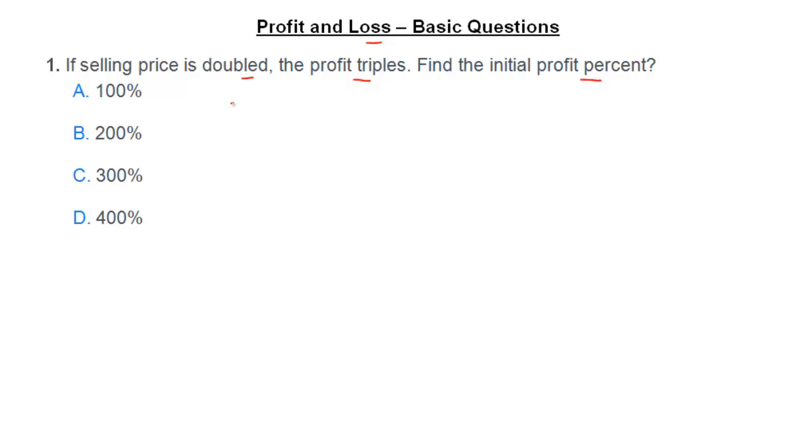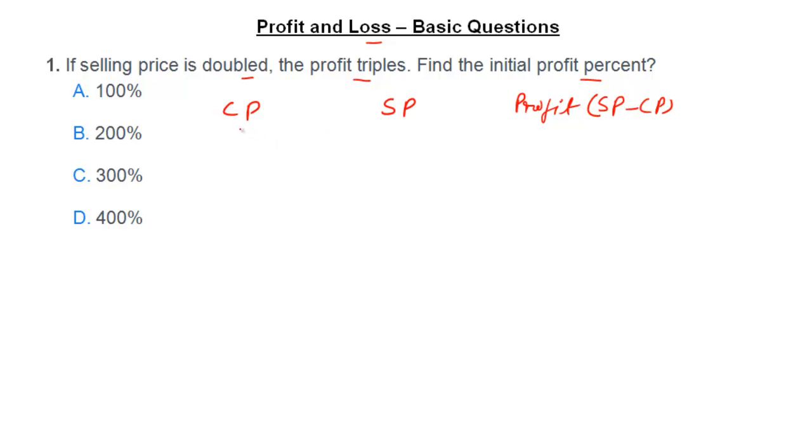So we have a CP which is not given and a selling price. I'm just writing CP for cost price and SP for selling price. And you know that the profit is selling price minus cost price. So this is profit, absolute profit, right?